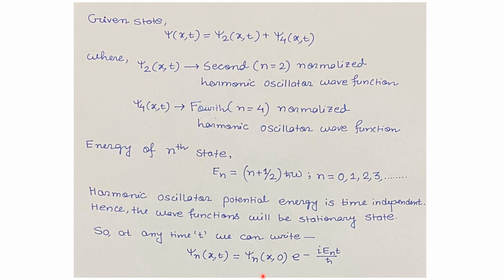The first function is basically the wave function at t equals 0 times one exponential term, that is e to the power minus i En t by h cut. So this exponential time dependent term basically describes the time evolution of the harmonic oscillator wave function. Here En is the energy of the harmonic oscillator at the nth state.